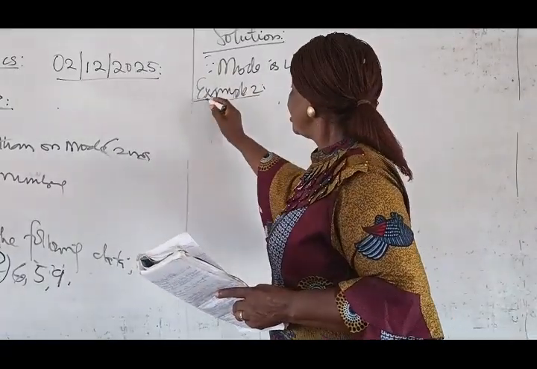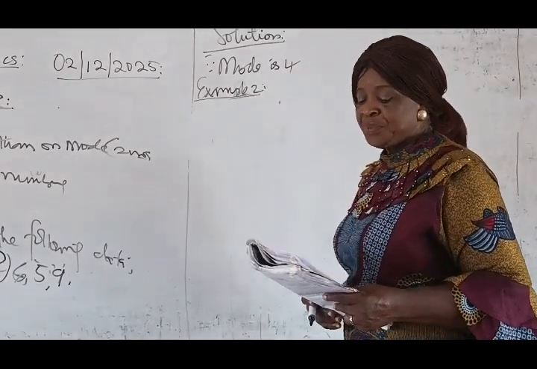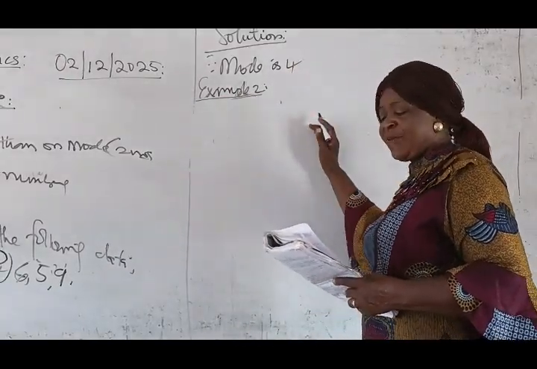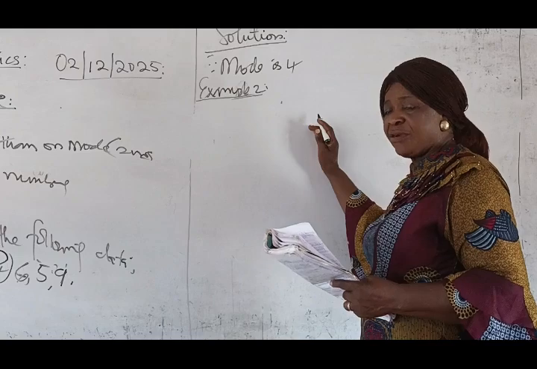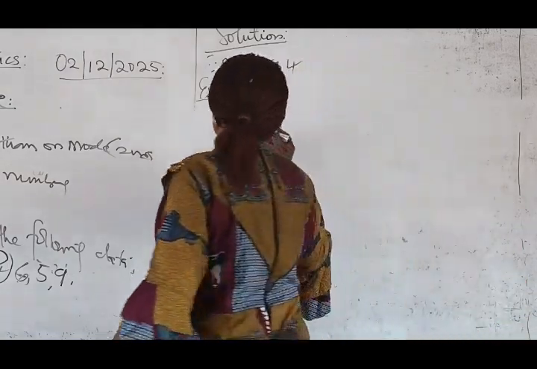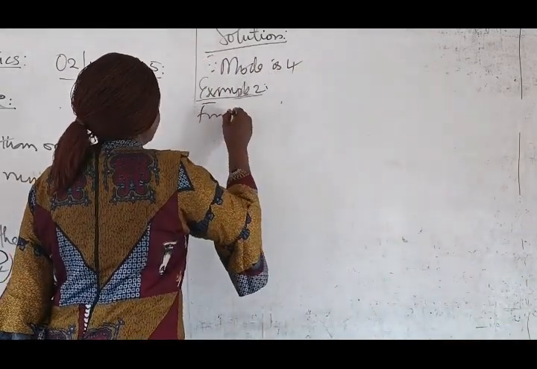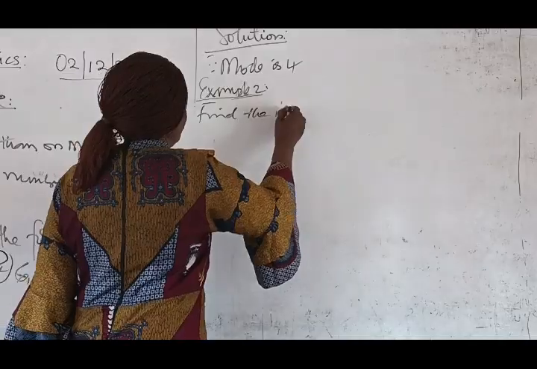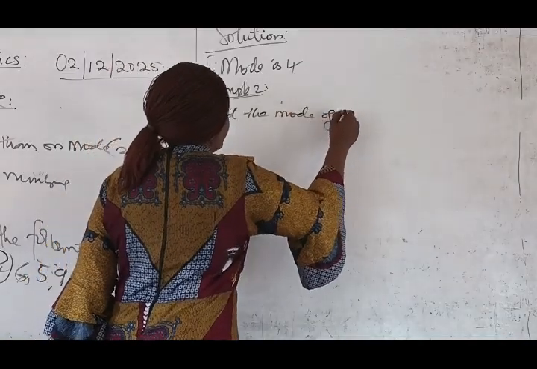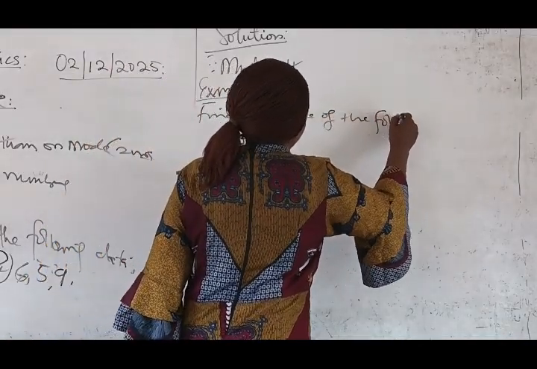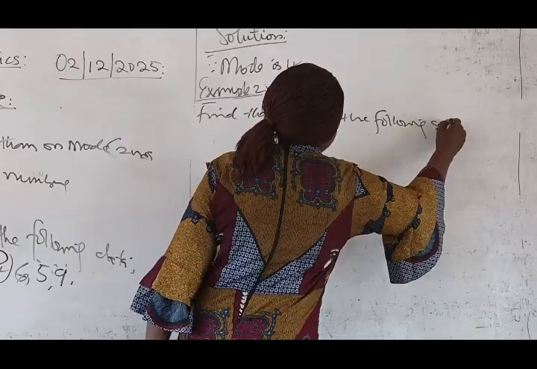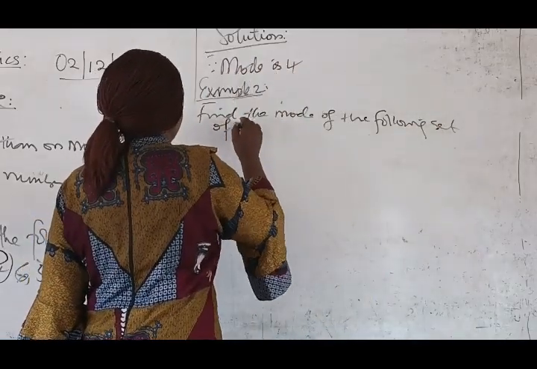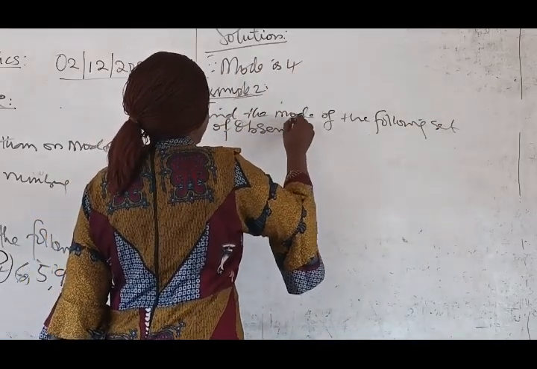Let us look at example 2. The example says, find the mode of the following set of observation.